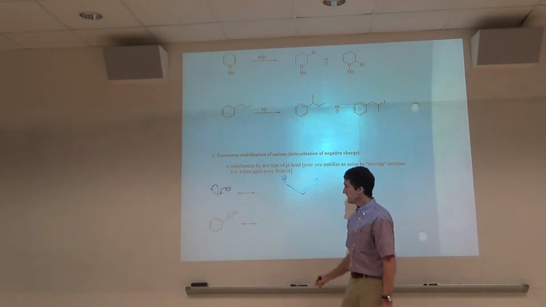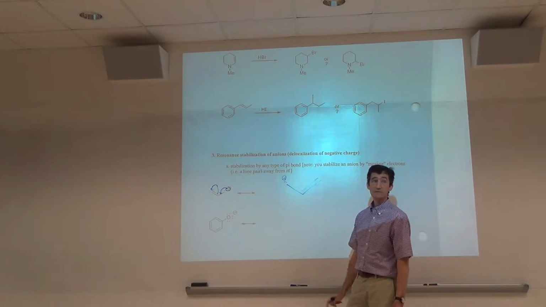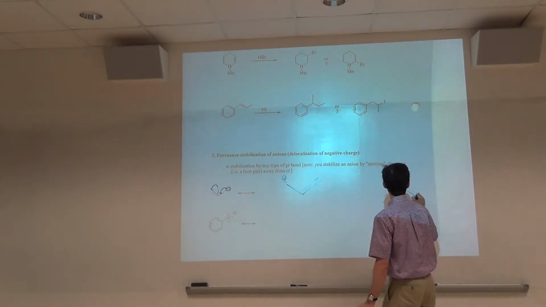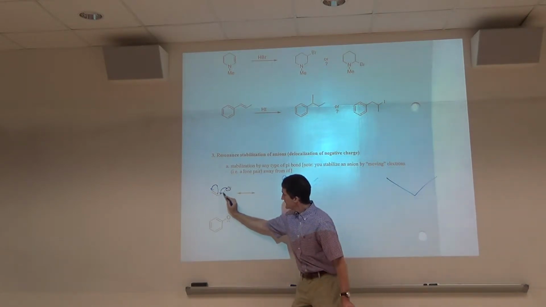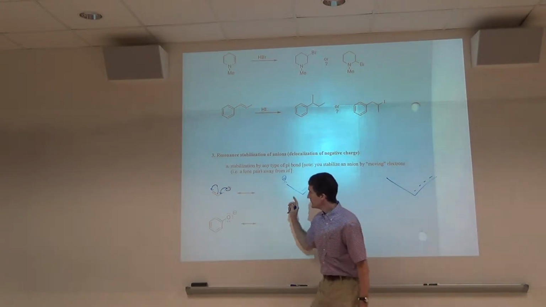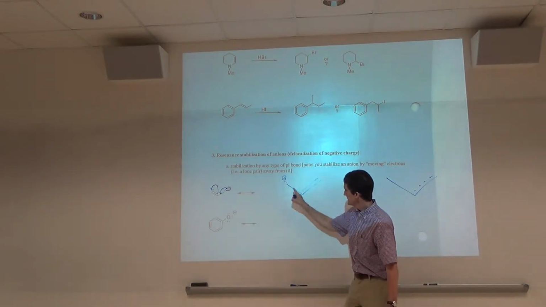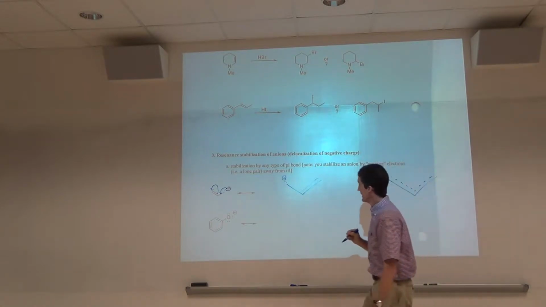Which resonance structure is major here? 50-50. We have a perfect blend in this example. That is, if we show the hybrid, what's the perfect blend of double bond and single? 1.5. What's the perfect blend of double bond and single? 1.5. Okay?